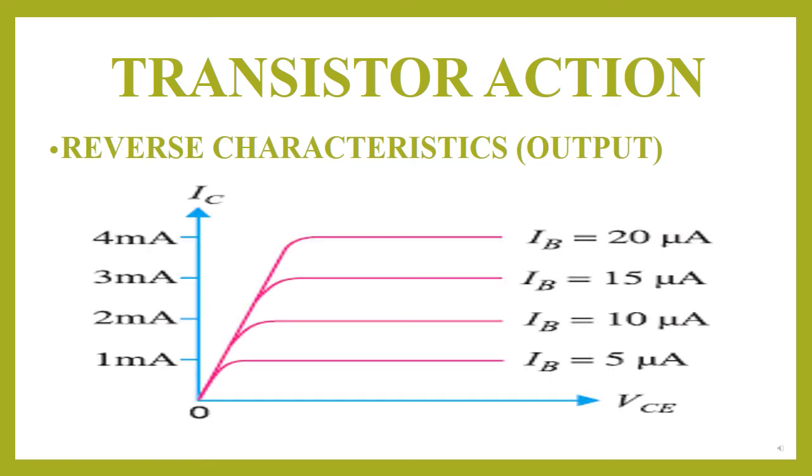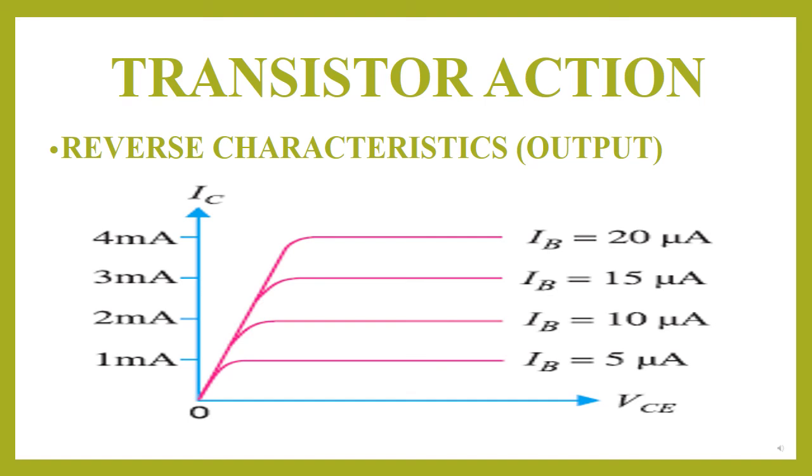Now for the output circuit, we change VCE and note changes in output current IC. For this, if we take IB equal to 0, there is no IC. Collector current starts when there is a certain IB, but it should be kept constant because if we change IB, it will affect IC.